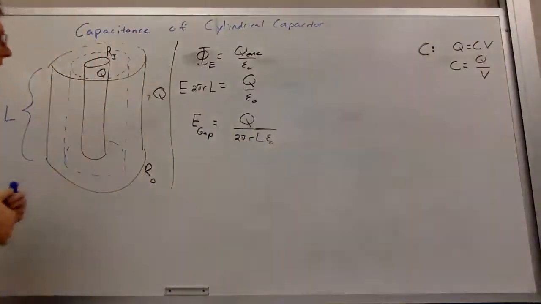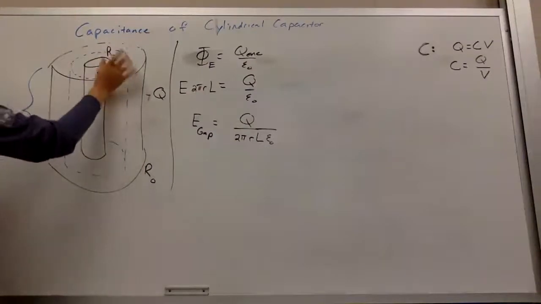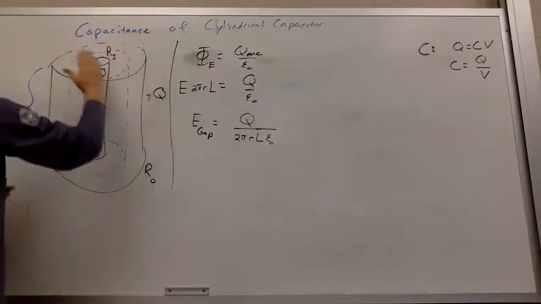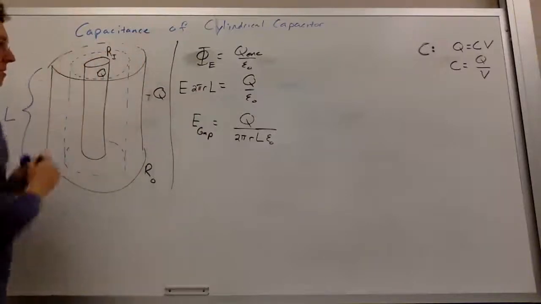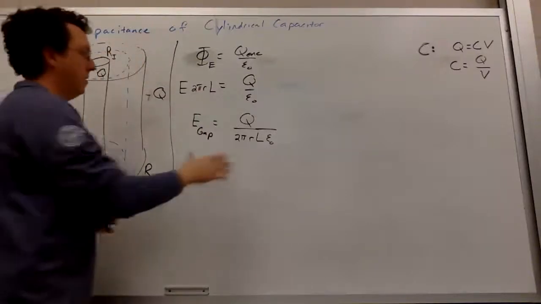All right, so that is the formula for the electric field in the gap between the inner wire and the outer cylinder of wire. Good?